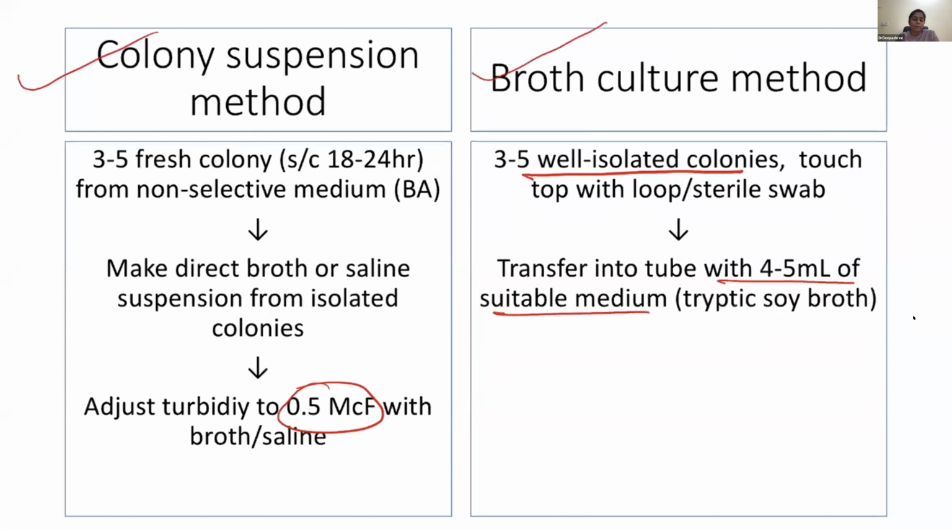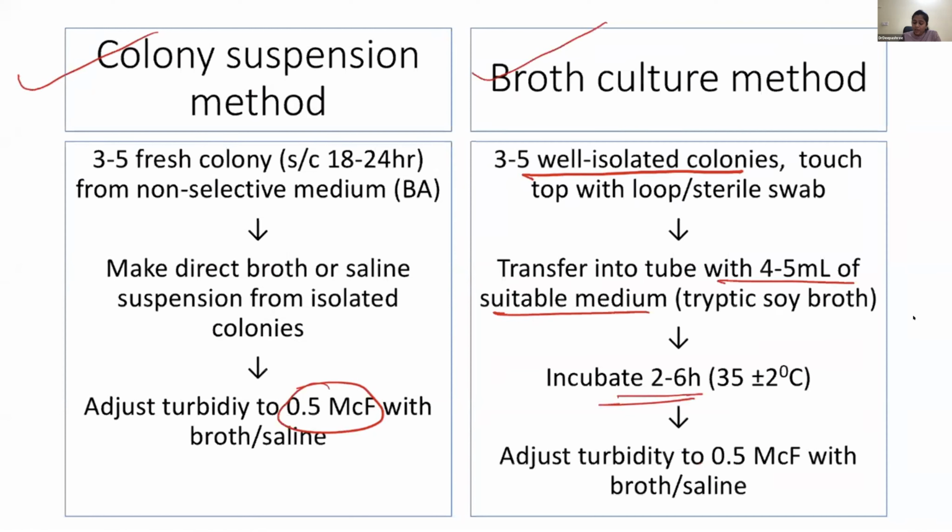Sometimes we use peptone water, BHI broth or tryptic soy broth. They are incubated for 2 to 6 hours until you reach 0.5 McFarland, and then turbidity is adjusted with the help of broth or saline. These are the commonly used methods for inoculum preparation.